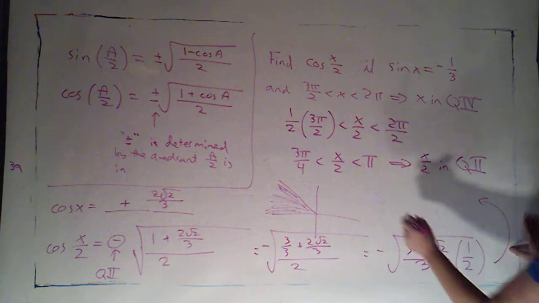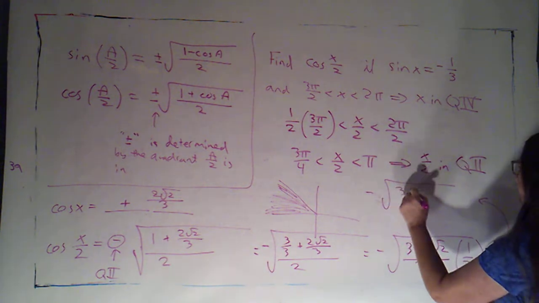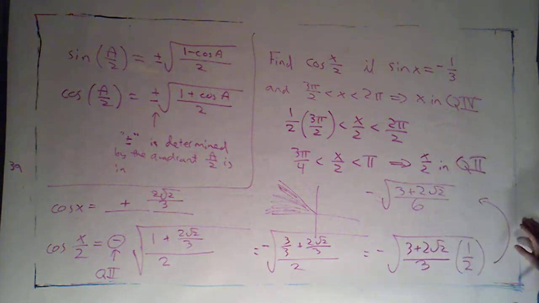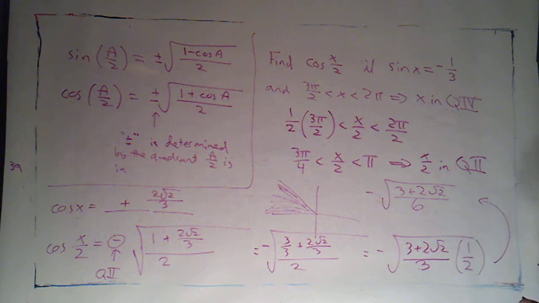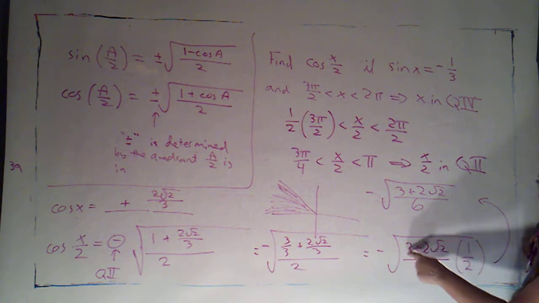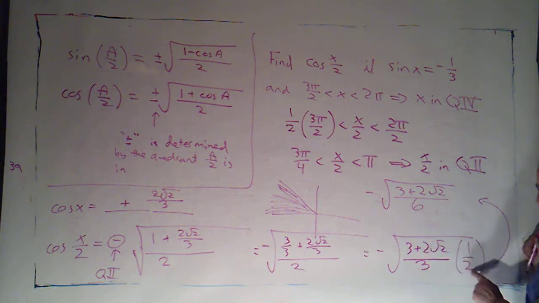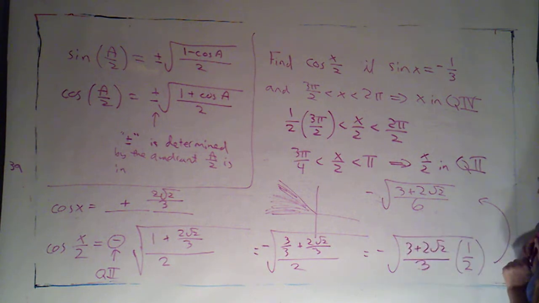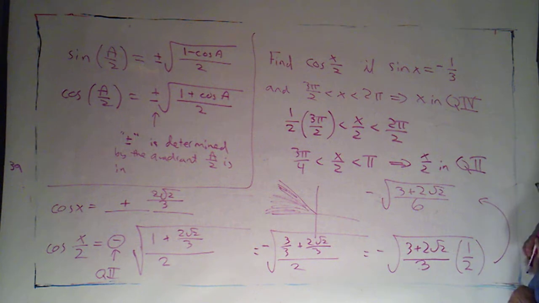So I can simplify this to negative the square root of 3 plus 2 root 2 over 6. Be very careful: I cannot cancel that 3 with that 3 because this 3 is connected to the other term by addition. I cannot cancel the 2 with that 2 either, because it is connected to the 3 with addition. There's nothing that goes into both terms, so nothing I can cancel. I'm going to write it like so.